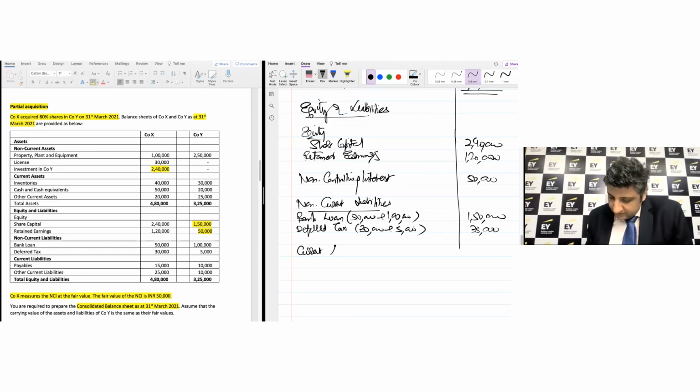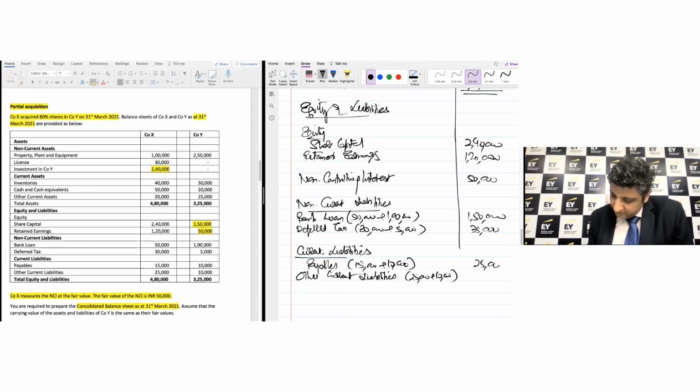Current liabilities, payables, 15 plus 10, and then we have other current liabilities of 25 plus 10. So this would be 25,000 here and 35,000 here.